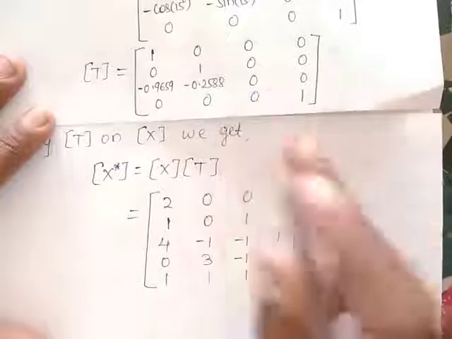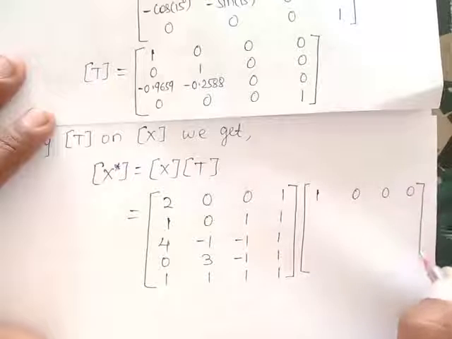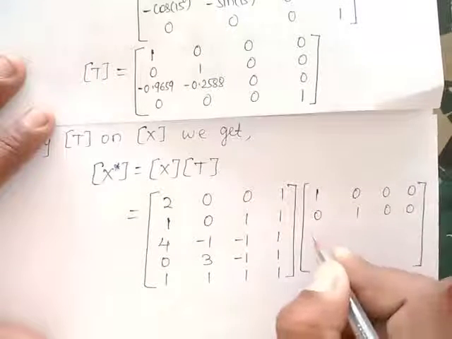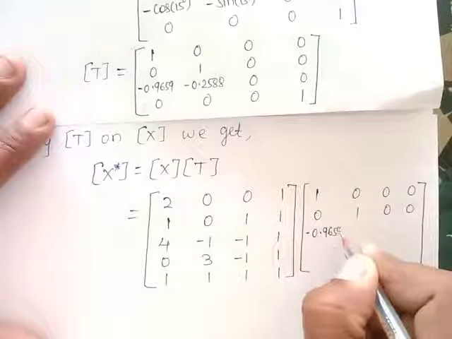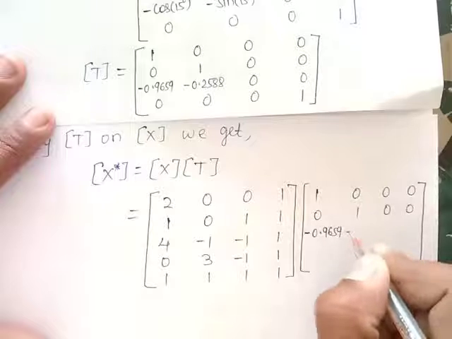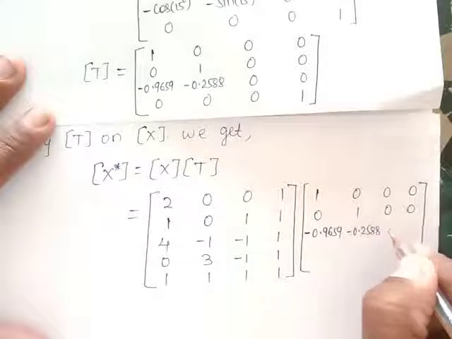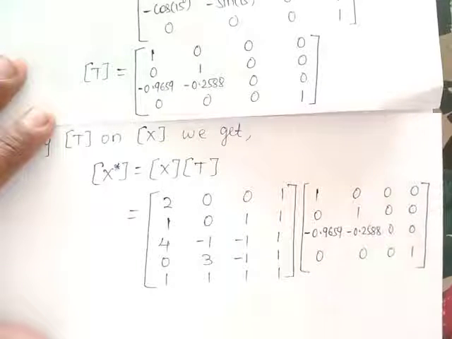It is this one: 1, 0, 0, 0; 0, 1, 0, 0; minus 0.9659, minus 0.2588, 0, 0; 0, 0, 0, 1.